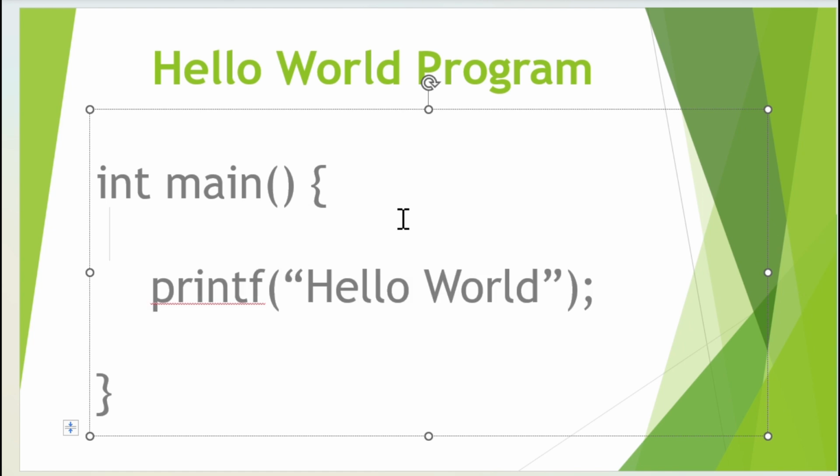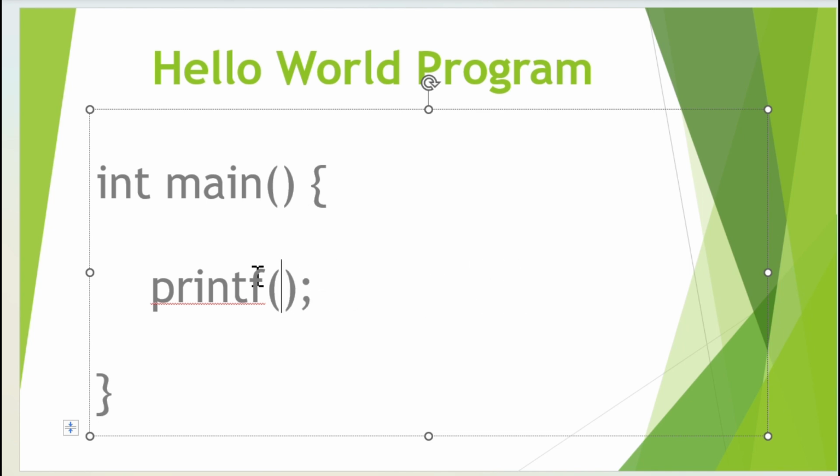Now, as I said before, the first thing we will learn is to print something. To print something, we write the keyword printf and two round braces. Whatever we write inside these round braces will be printed as it is. So printf, two round braces, and inside them we put double quotes and write hello world.